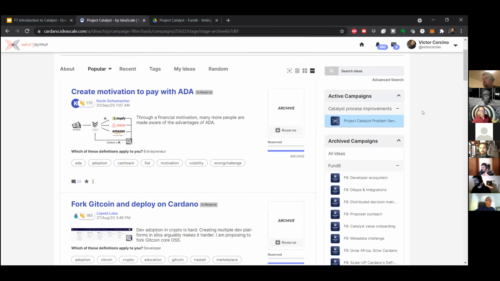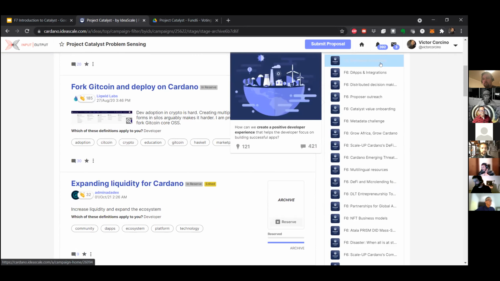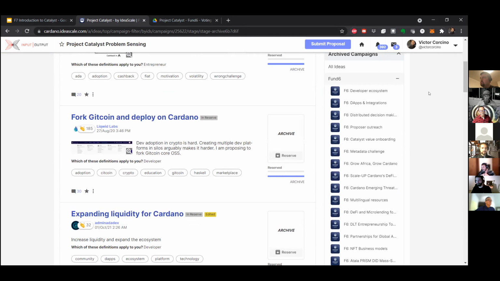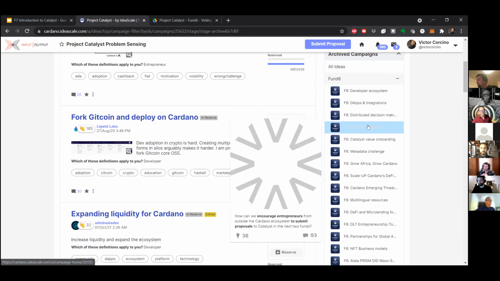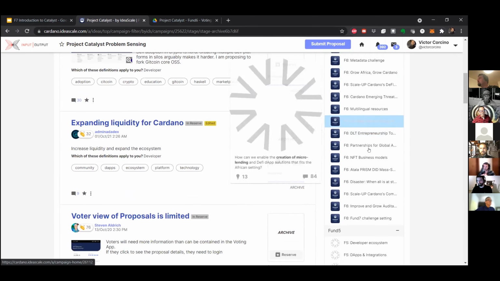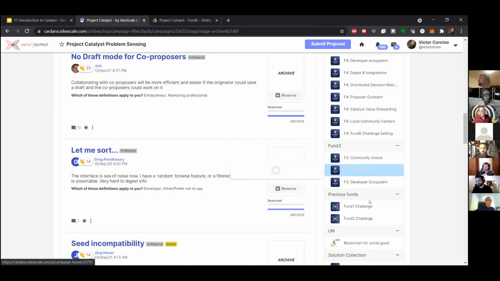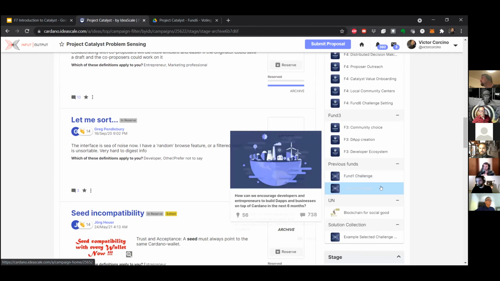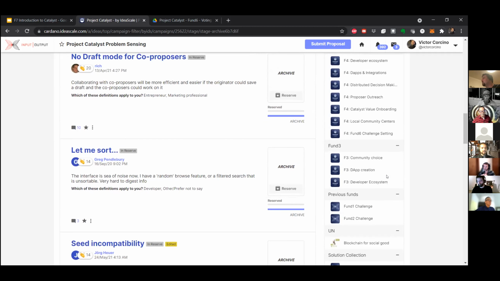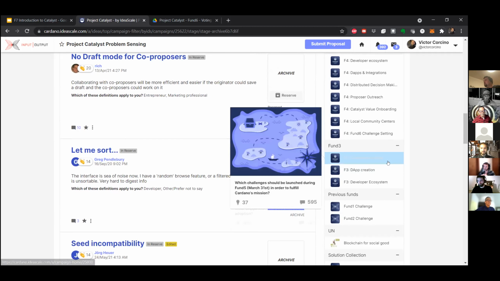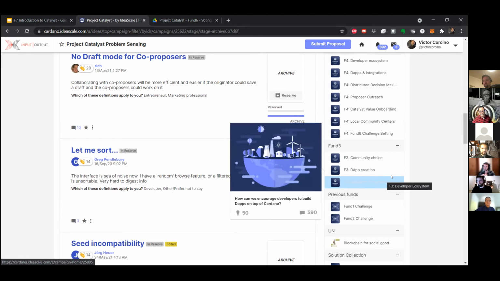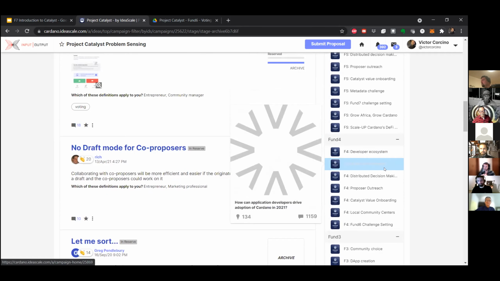You can see all the other challenges that were available in previous funds. For example, Fund 6, you had all these challenges here. In Fund 5, all of these. Fund 4, Fund 3, and previous funds 1 and 2. There's some information here as well. But you can see how fast this is growing. Fund 3, we had only 3 challenges. Fund 4, 7.